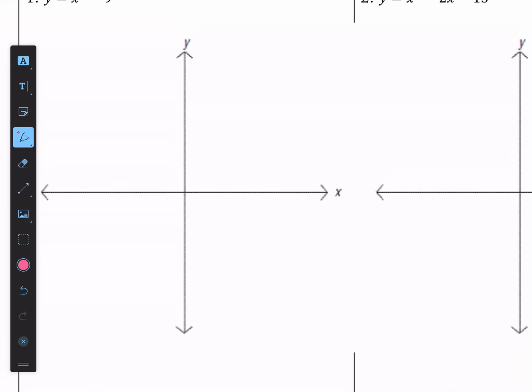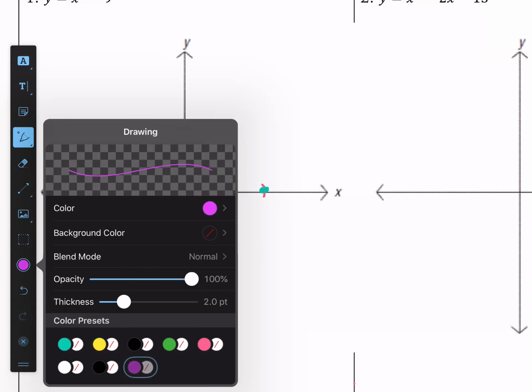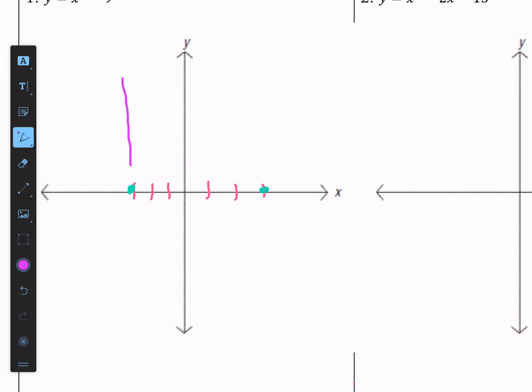This is what you would end up seeing on your graph. And forgive me for my very poor drawing skills. Okay. All right, now this is a parabola. Well, it's supposed to be a parabola.